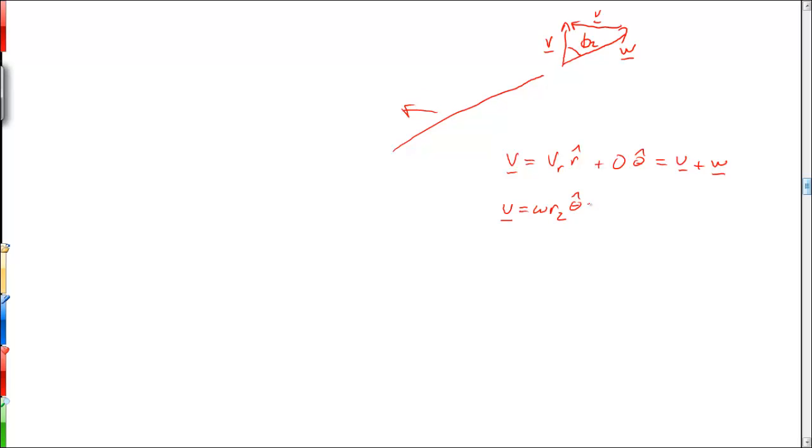And when we do the math, we get, let's see, 120 RPM, rotations per minute, times 2 pi times 1 over 60 seconds per minute, times the outer radius is 1.5 meters, and that ends up being 18.85 meters per second in the counterclockwise direction.